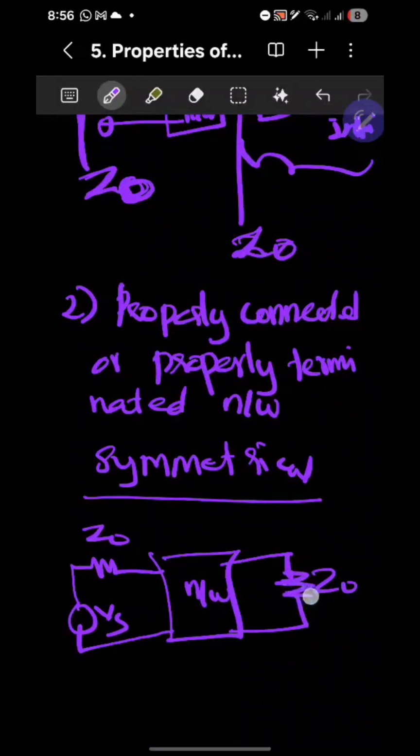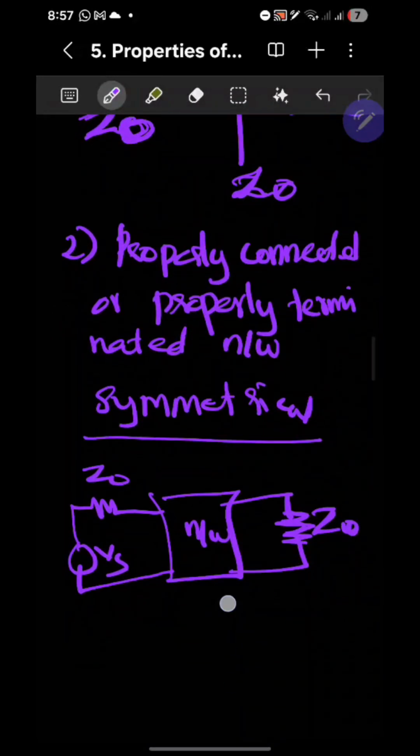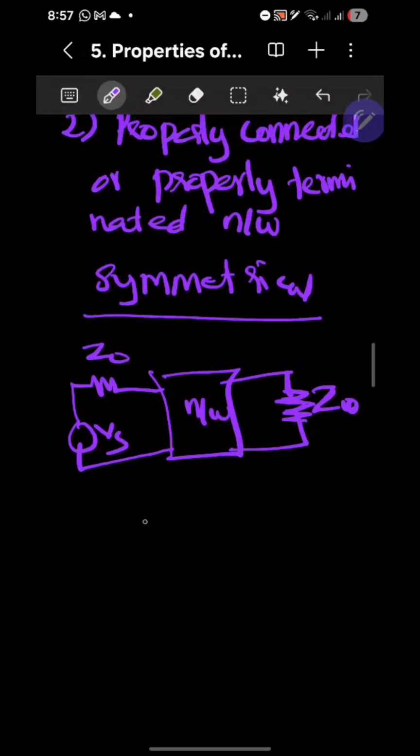Generally it's impedance, not resistance. The terminated impedance and the connected impedance, that means the internal impedance of the source and the impedance which is terminated, if both are equal, then we can call it a properly connected symmetrical network.